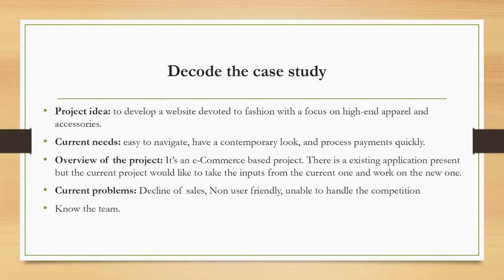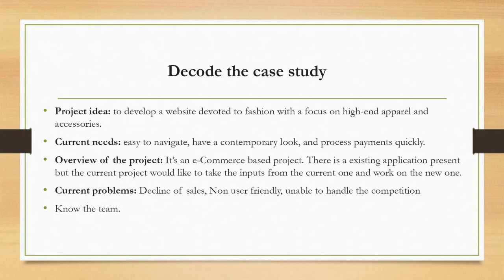Next, the current needs. The current needs are that the site should be easy to navigate, have a contemporary look, and process payments quickly. Okay, these are the current needs. And the overview of the project is that it's an e-commerce based project. Okay, there is an existing application, but the current project would take inputs from the current one and work on a new one.